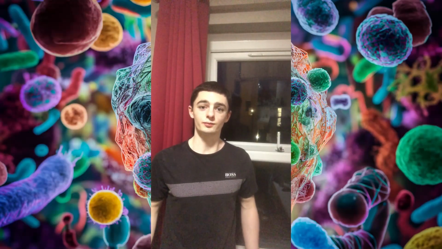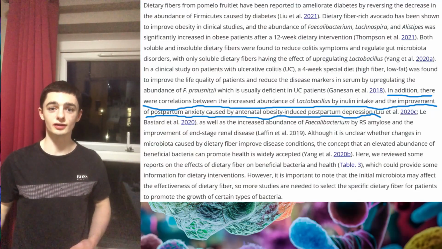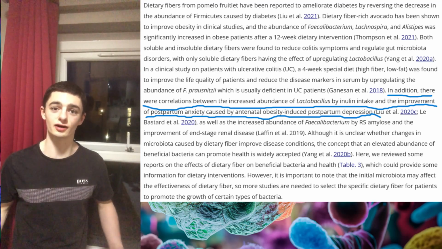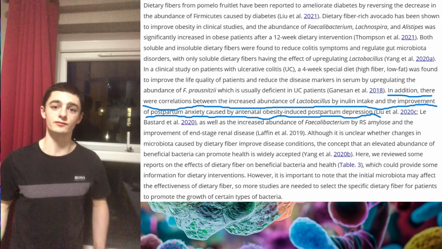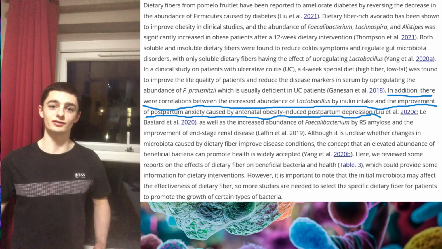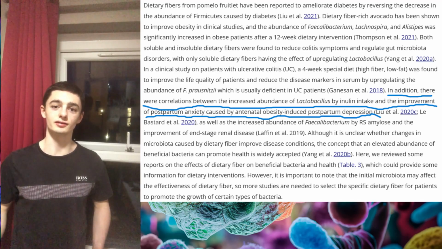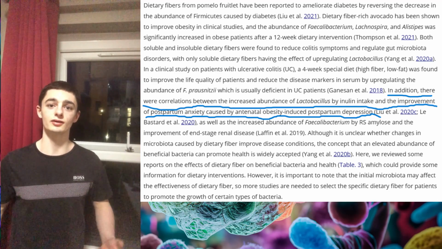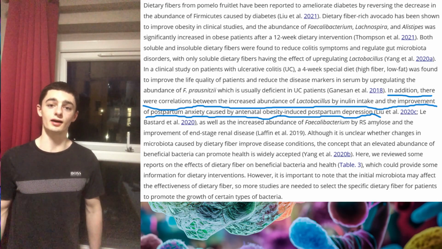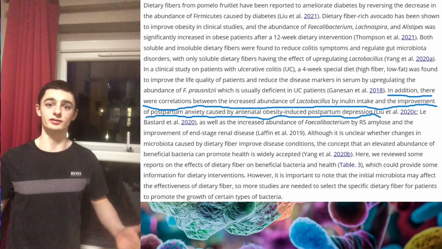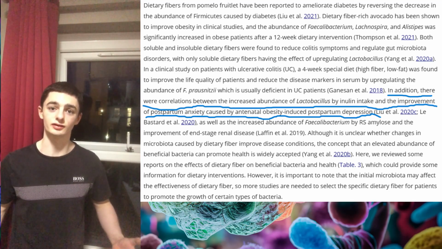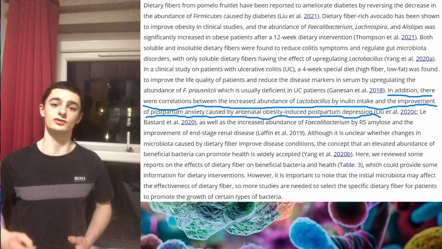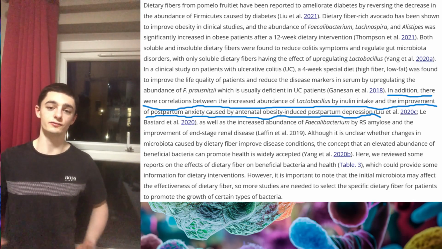They also outlined a paper that found a correlation between an increase in inulin intake, which is just a dietary fibre, and the alleviation of postpartum anxiety induced by prenatal obesity-induced depression. And the mechanism by which this dietary fibre does this is by increasing the abundance of lactobacillus, which is another genus of firmicutes.